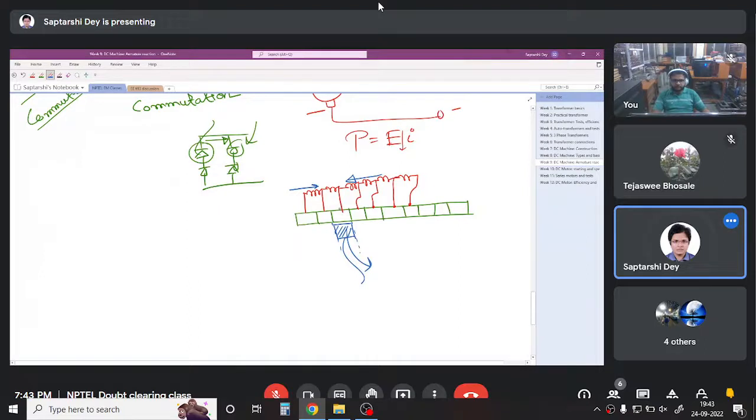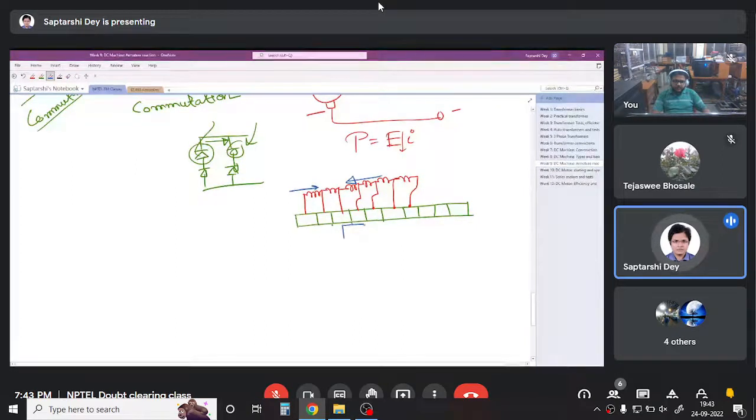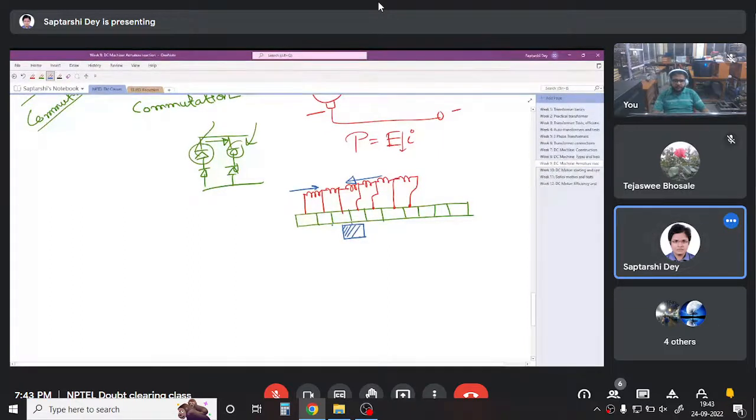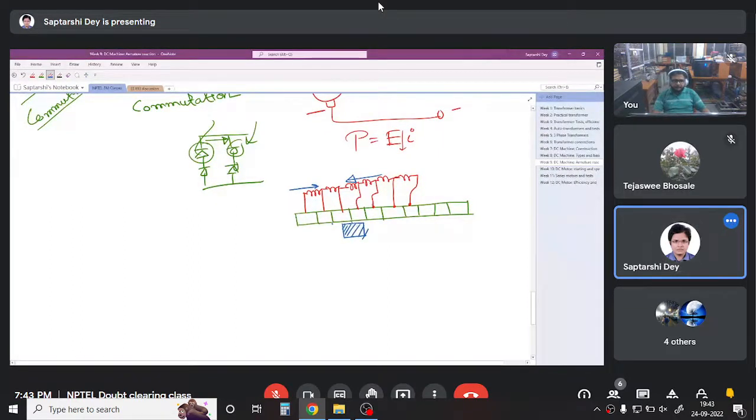Since there is no current in the winding flowing through the commutator, say our brush is here. The winding close to the brush is having no current. Now look at this winding, forget everything else.